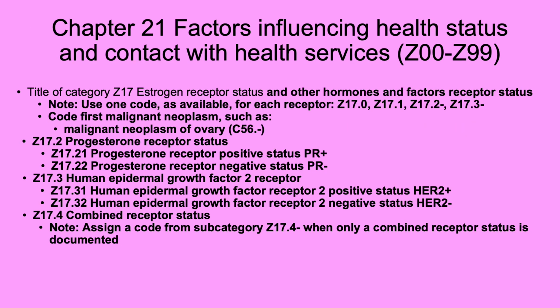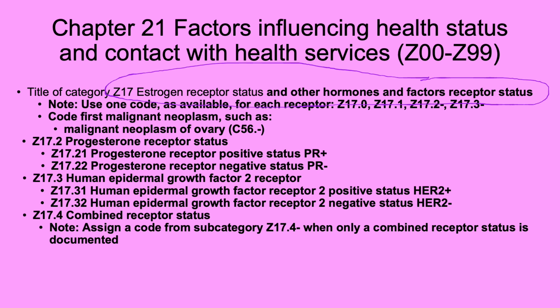Okay, also Z17, they changed the title of the category. You see that in bold here. It used to be estrogen receptor status, and now it's estrogen receptor status and other hormones and factors receptor status. They also added some note. Use one code as available for each receptor.